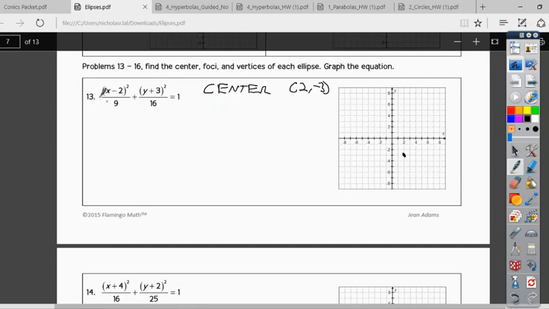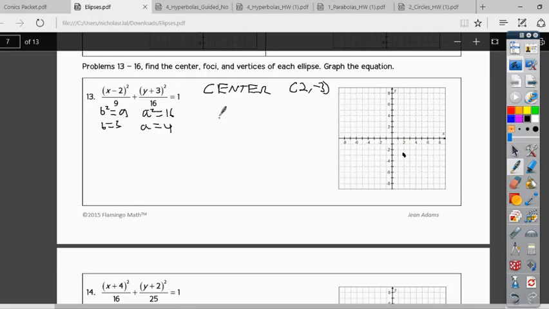The vertices, well, so a squared equals 16, a equals 4, b squared equals 9, b equals 3.